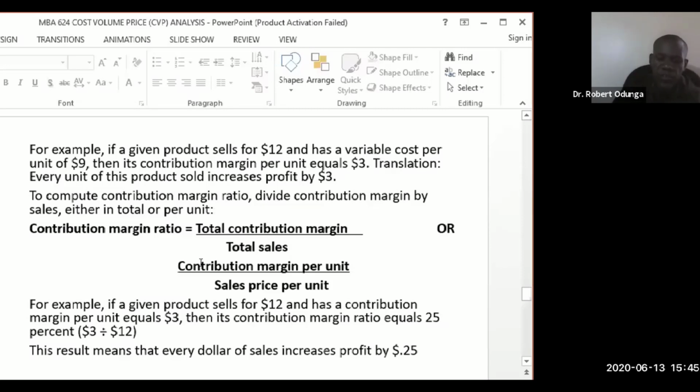So you can also look at it in unitary terms. Contribution margin ratio is contribution margin per unit over sales price per unit.